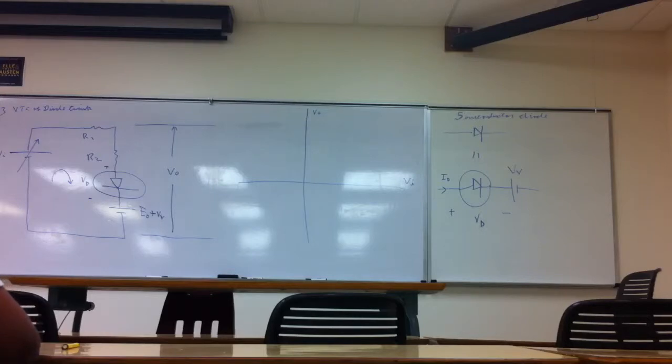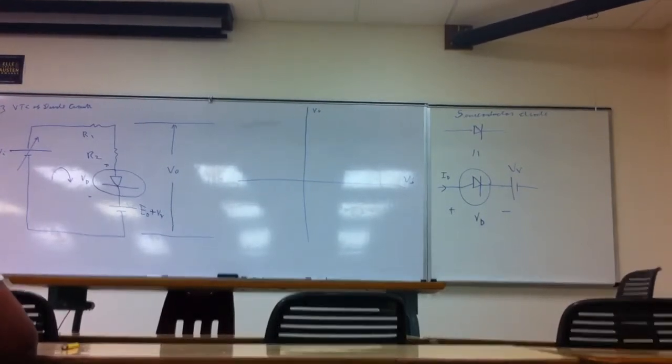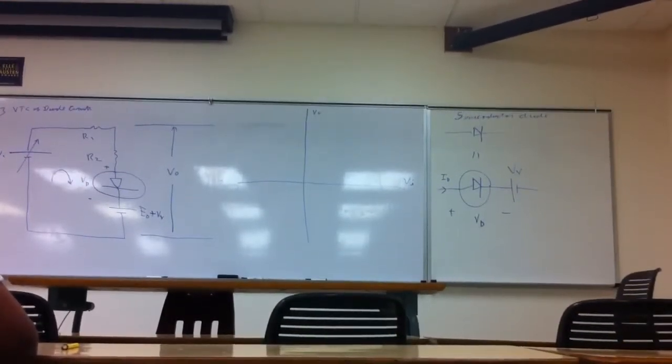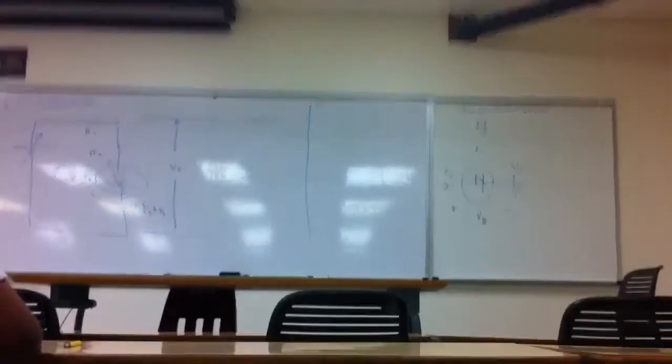It's not really necessary, once you get used to it, to go through the circuit analysis. You just look at it, you can tell what's going on. What's going on is that the ideal diode is going to be reverse biased, so E sub I is positive, equal to E sub O plus V gamma.